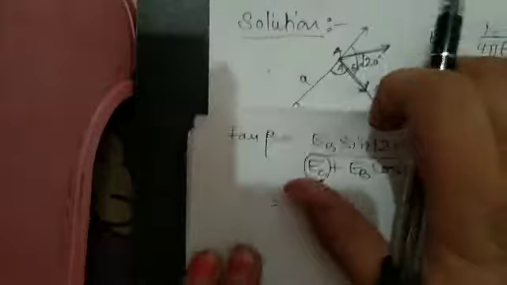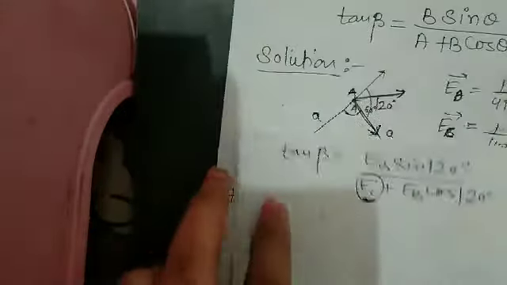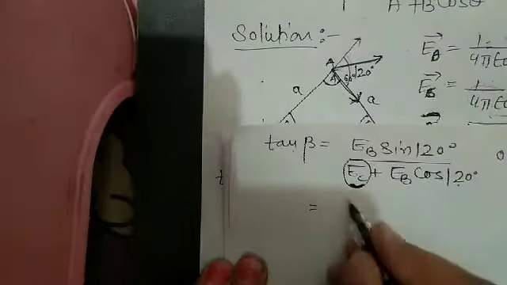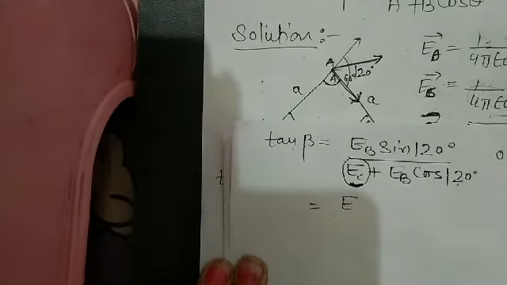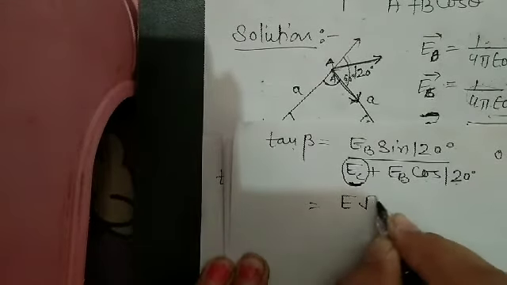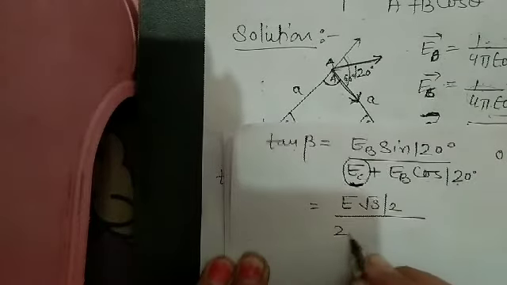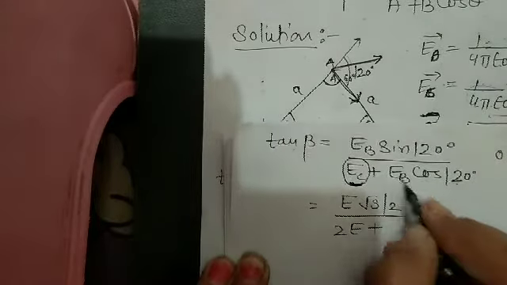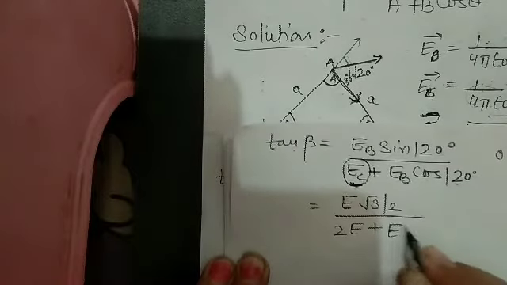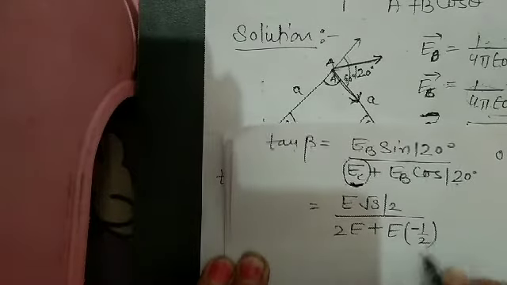So now substituting these values, EB equals E and sin 120 is root 3 by 2. EC equals 2E plus EB, EB equals E. Cos 120 is minus 1 by 2.